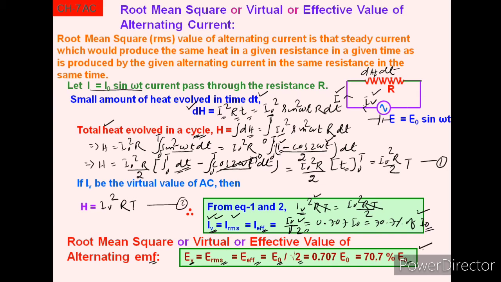Okay, suppose in exam you are asked to derive this relation, then how will you derive this? You have to proceed in the same way as it is done here.